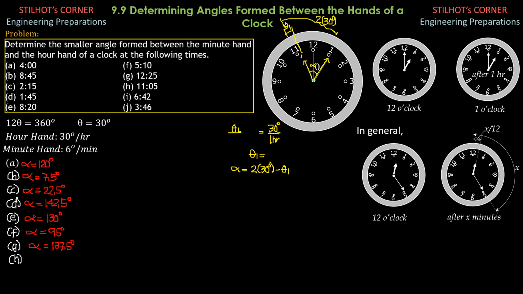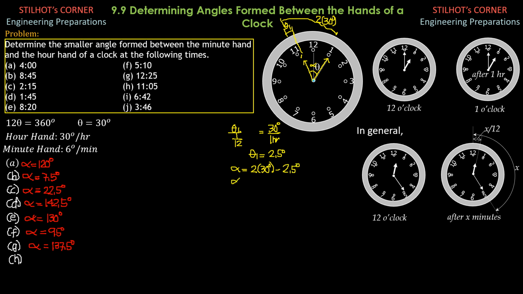Theta 1 corresponds to 5 minutes movement of the hour hand. 5 minutes is 5 over 60, 1 over 12 hour, and 30 degrees corresponds to 1 hour. So theta 1 is 2.5 degrees. Therefore, alpha is 2 times 30 degrees minus 2.5 degrees.